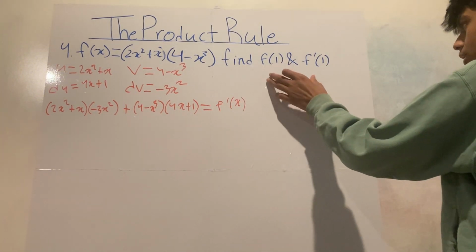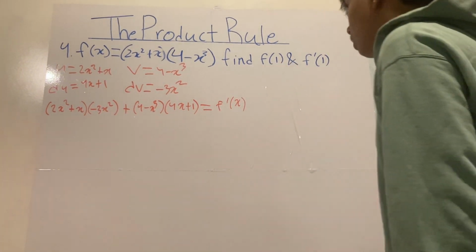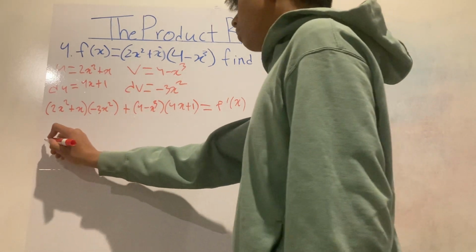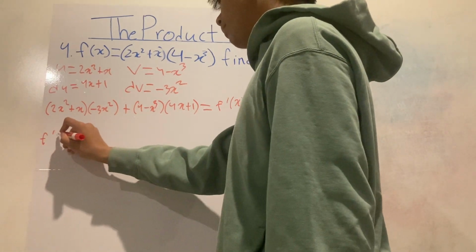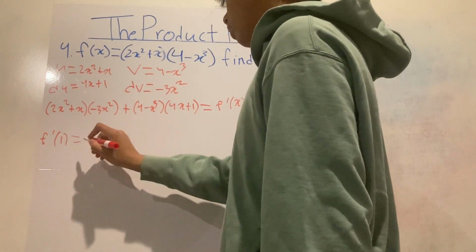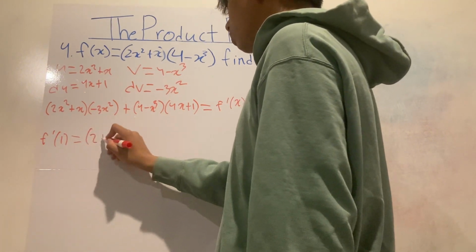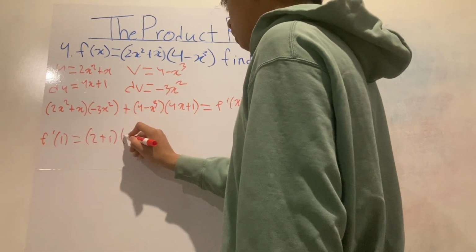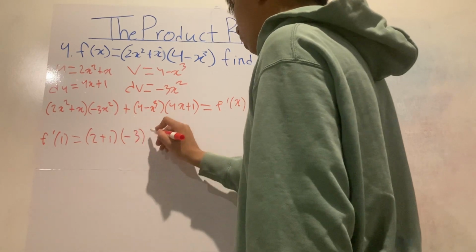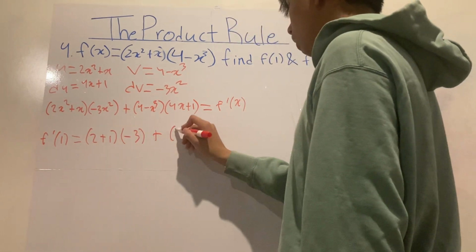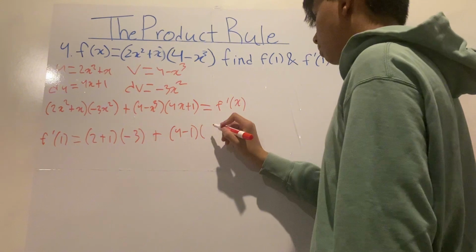So now, let's just find f of 1 and f prime of 1. So f prime of 1 equals, if we just plug 1 into this, we'll get 2 plus 1 times negative 3, plus 4 minus 1 times 5.